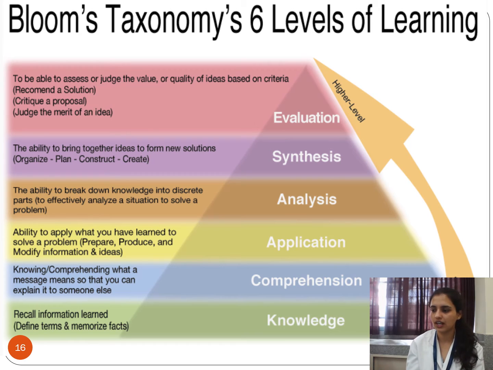First we have to get the knowledge about things. Then comprehension. Comprehension is knowing or comprehending what the message means so that you can explain it to someone else. So you have learned about something, then you are able to explain what you have learned to another person. It is comprehension.